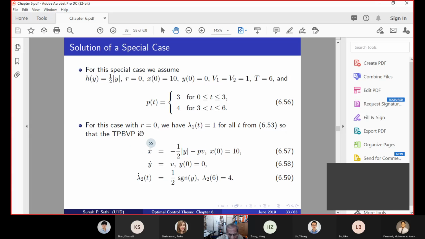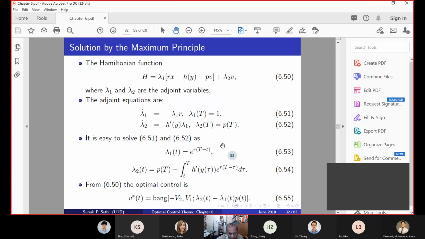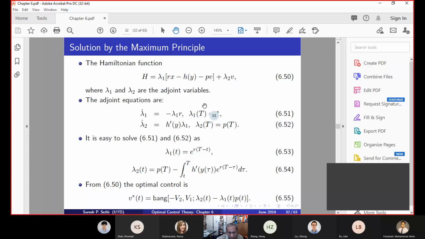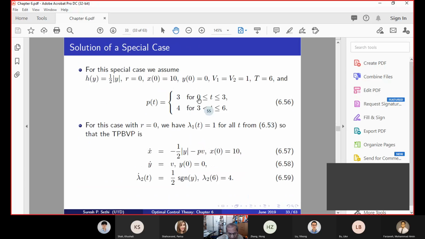So the two-point boundary value problem is x dot equals, so what I'm doing basically is writing the x dot equation. I put r equal to 0 here, and h(y) is half y. So I can substitute lambda 1 in there. So I can find the conditions for lambda 2 dot as well. So x dot is this, y dot is given by this, and lambda 2 dot is given by this.